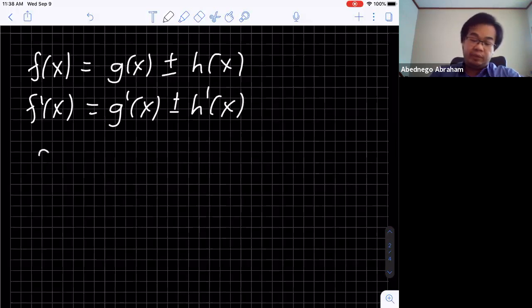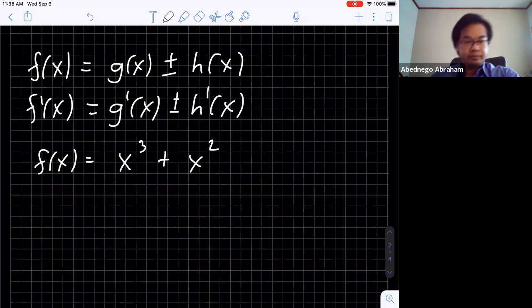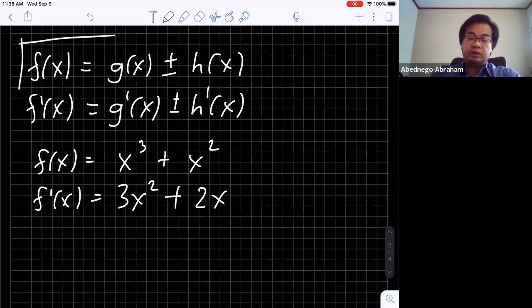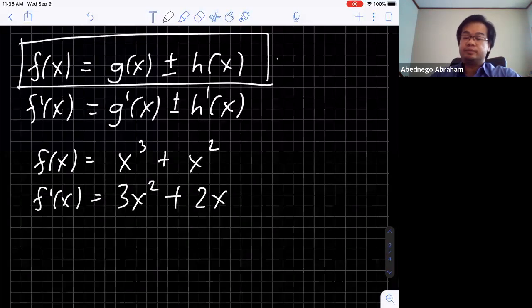So for example, if f(x) equals x cubed plus x squared, then f prime of x will be equal to 3x squared plus 2x to the power of 1, which is 2x. Okay, so this is the first property, property number 1.